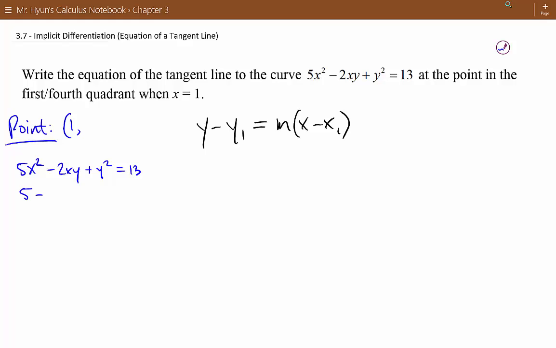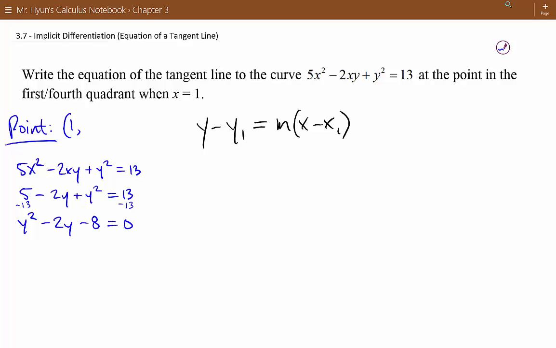We'll get 5 minus 2y plus y squared equals 13. Now, the nature of this equation is quadratic. So in order to solve for y, it's helpful to write this as y squared minus 2y, and if you subtract 13 from each side, you'll end up getting a minus 8 equaling 0.